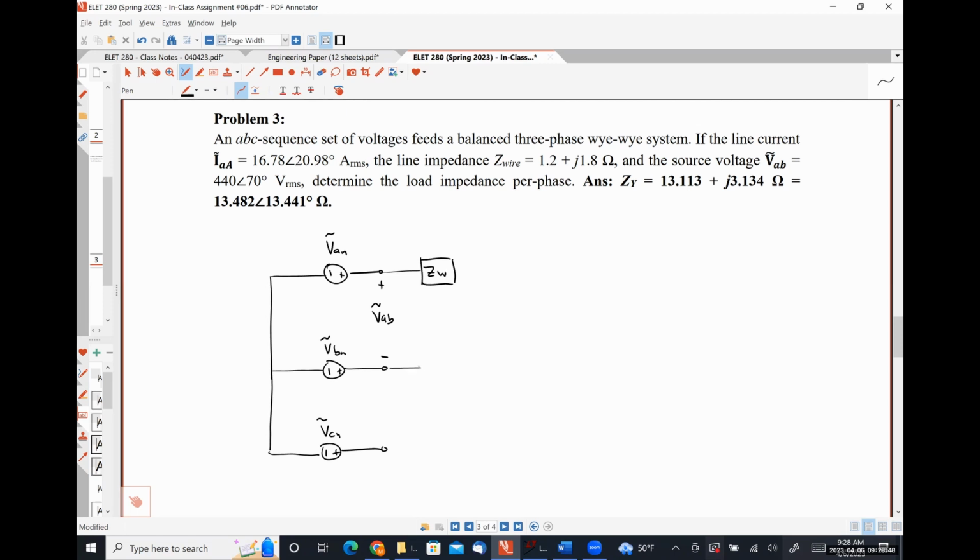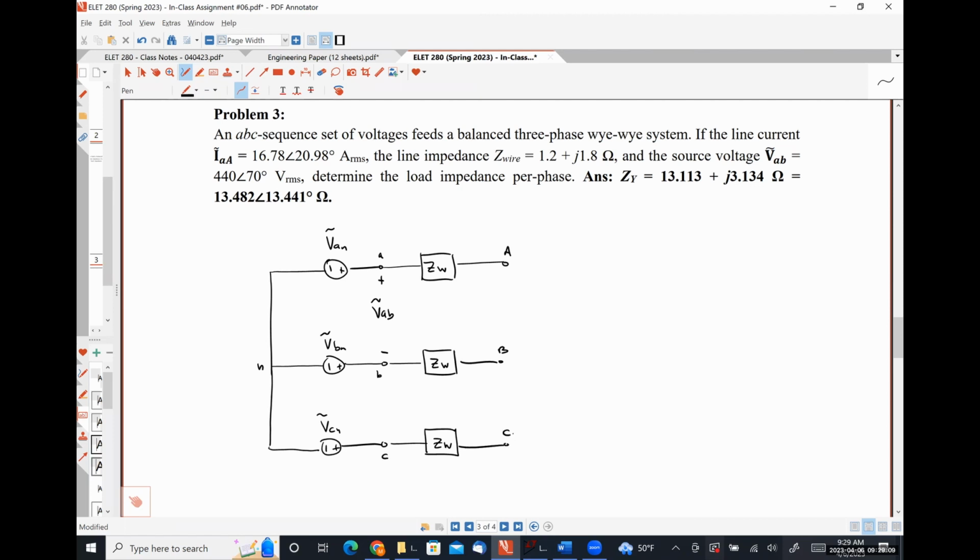Here we have ZW. A, B, C, lowercase n. A, B, C. And we are asked to determine what our load impedance per phase is. So we're solving for ZY.